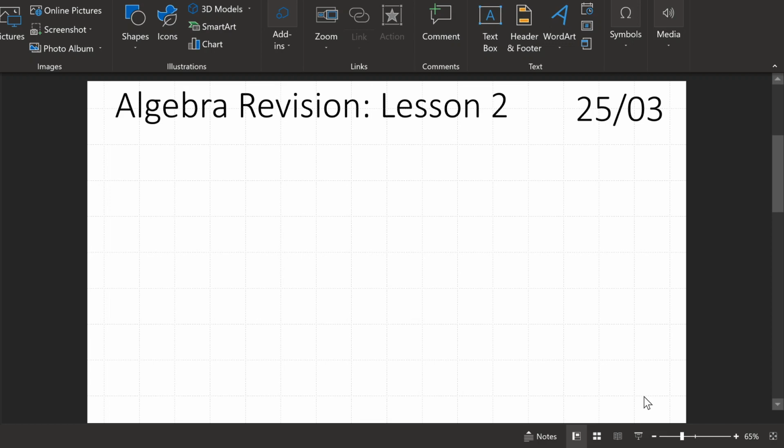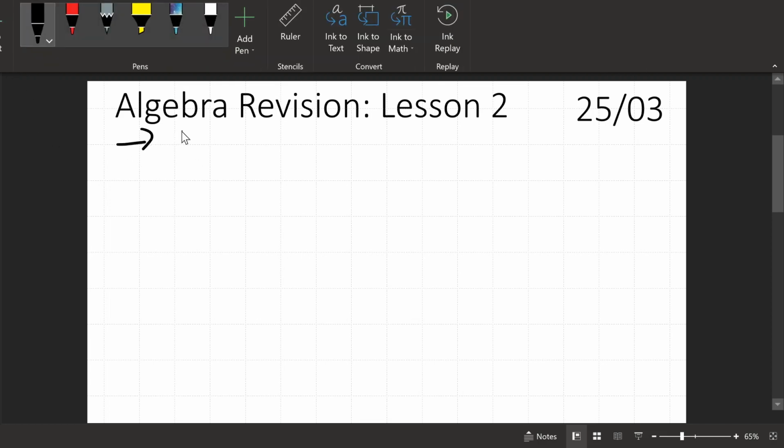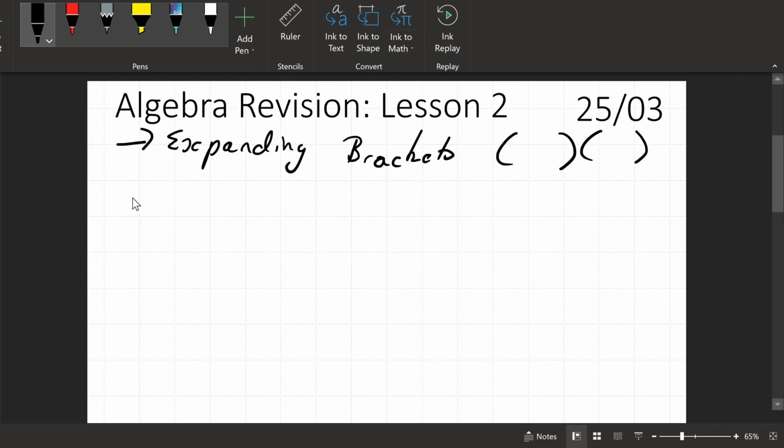Okay. So goals today is just to review over expanding brackets. So now we're going to be expanding brackets where there's two brackets. So when we've got two values in brackets like that, two expressions, as well as solving linear equations.